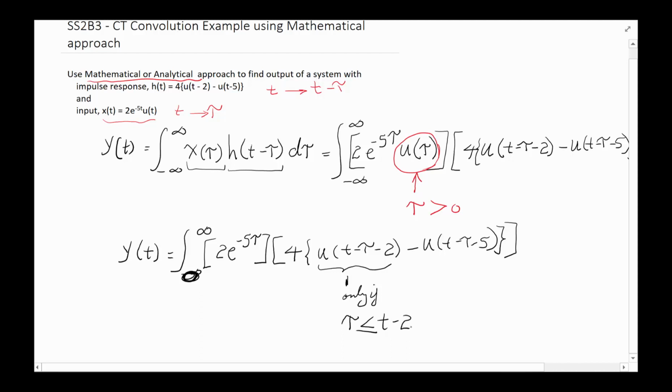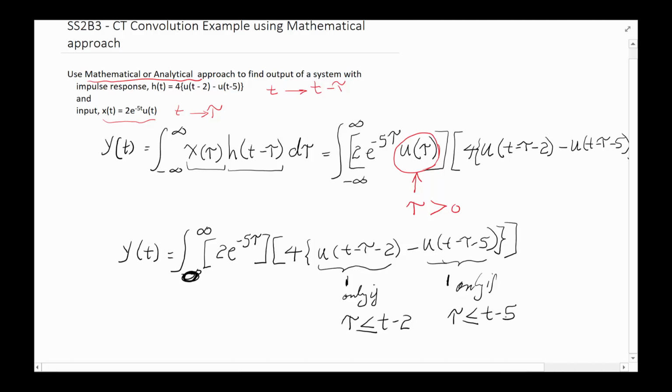Okay, and then we also notice that these are subtracted from each other. If you look at this piece, it basically says it's 1, otherwise 0, only if tau is less than or equal to t minus 5.